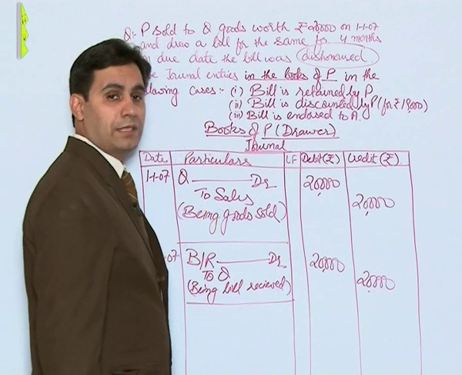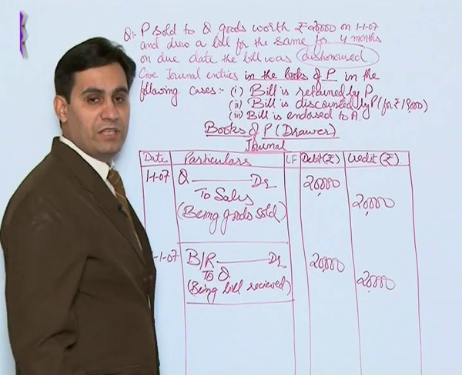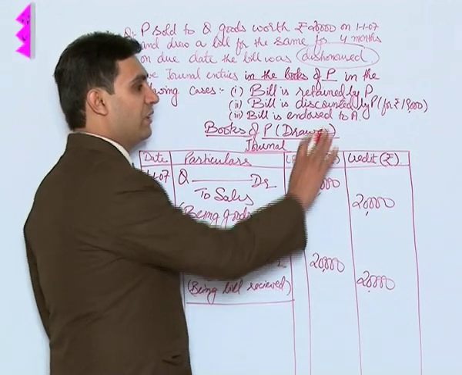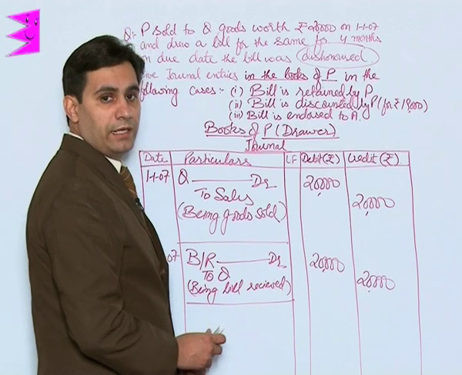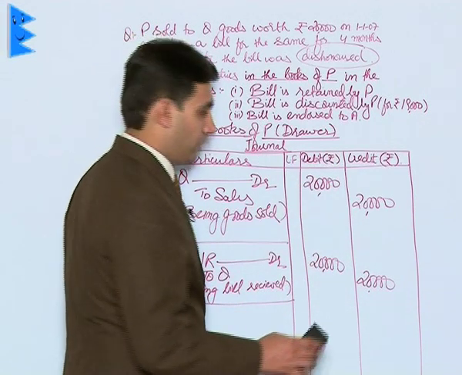That is 20,000. Now students, these two entries are same as in the previous case. But in this case, it further goes on to say that the bill was discounted by P and later on it was dishonored. So what would be the entry for discounting?